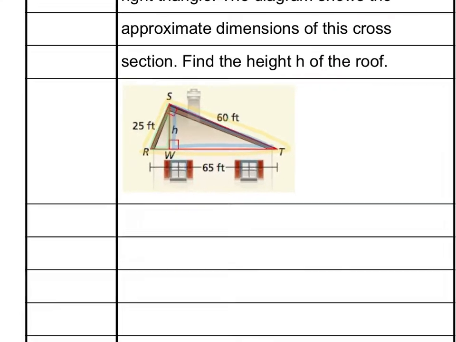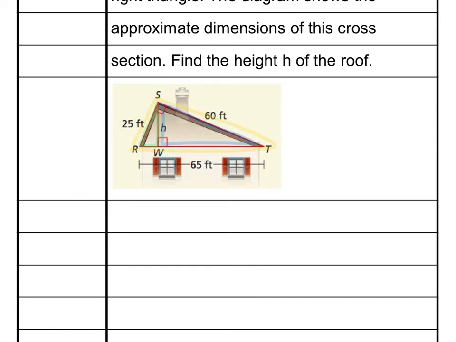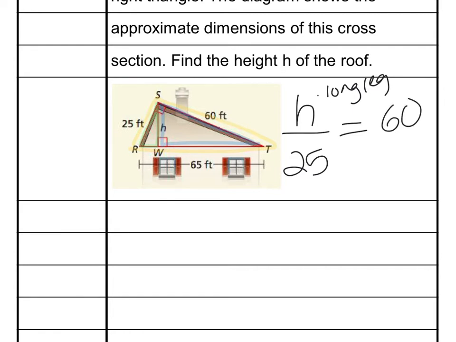If I need to find the value of h, there are a couple ways to do this. I'm going to use the smallest triangle, and h is the longer leg. I'm just going to put long leg, and 25 is the hypotenuse. That's going to equal the long leg of my largest triangle, which is RST, where the longest leg is 60, this side right here, and the hypotenuse is 65.